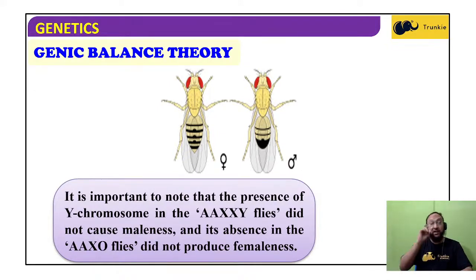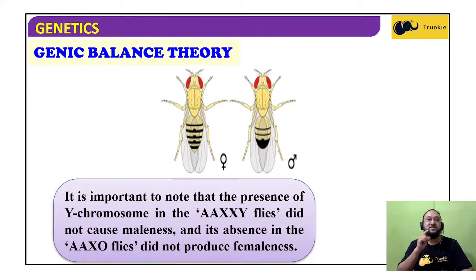This is a very interesting point. In AAX0, it is not due to the Y that the fly was male, and the absence of the Y did not cause femaleness. This clicked in the mind of the scientist C.B. Bridges, and he thought, why is this so?